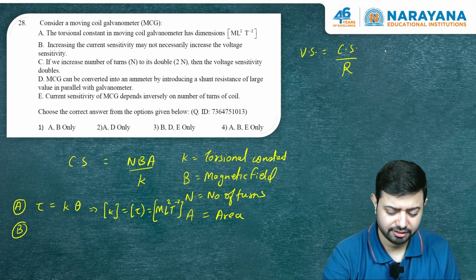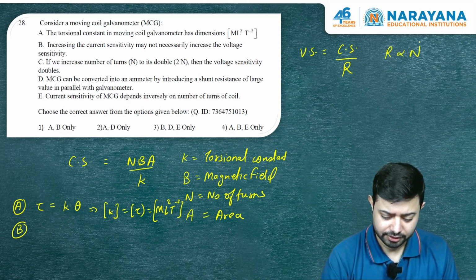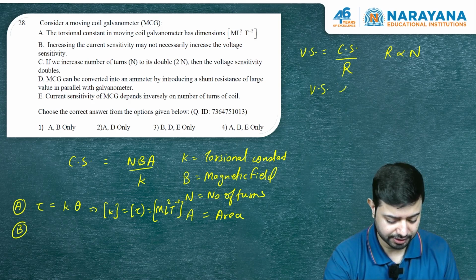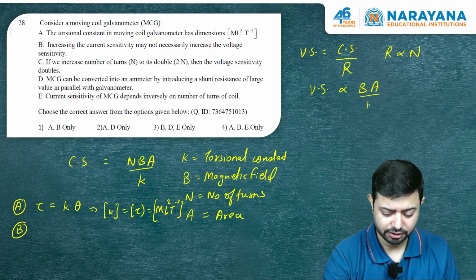One more interesting thing is that the resistance depends on the number of turns. So, overall, voltage sensitivity depends on B, area, and is divided by the torsional constant.